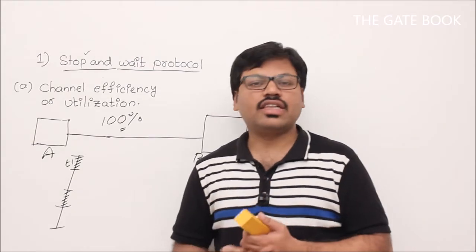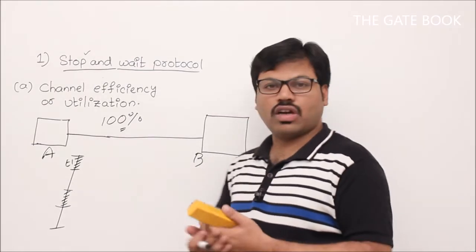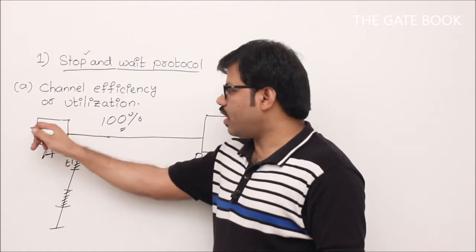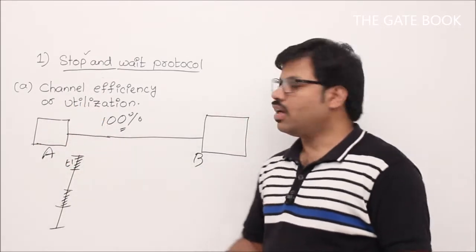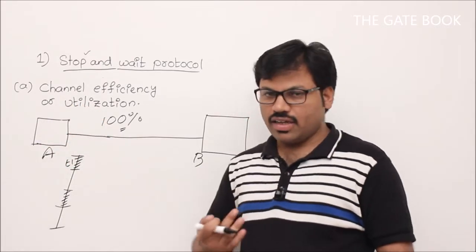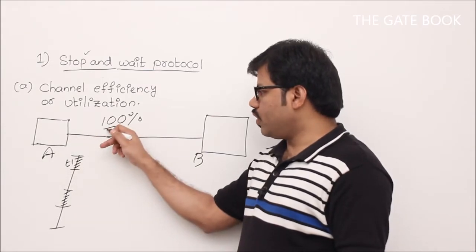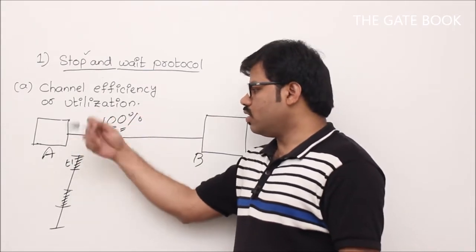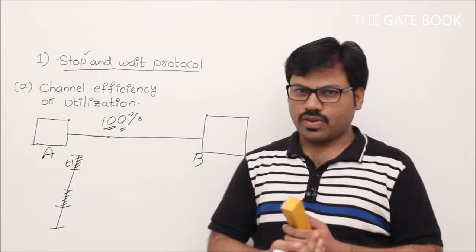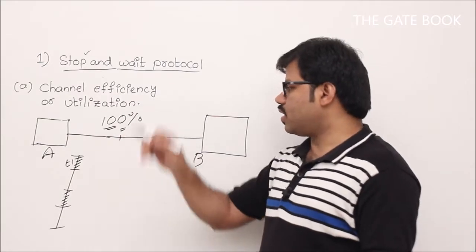If A doesn't have any data, then there is nothing to talk about. But if A has an infinite amount of data to send, then no one is stopping A, and the sender can send the data with 100% utilization, not a problem, correct? So this link can be 100% utilized.